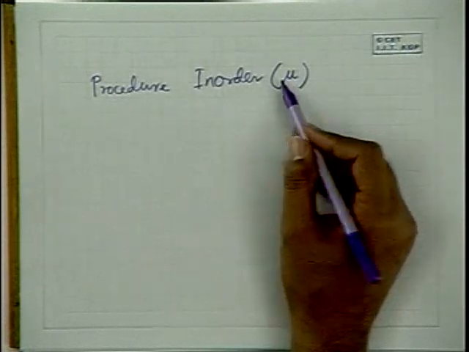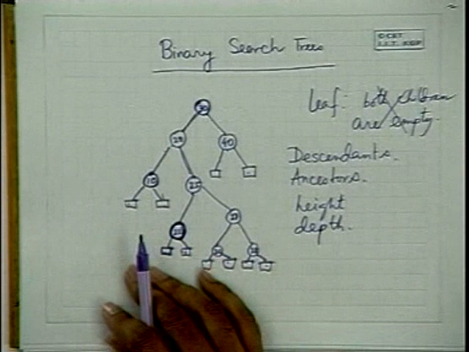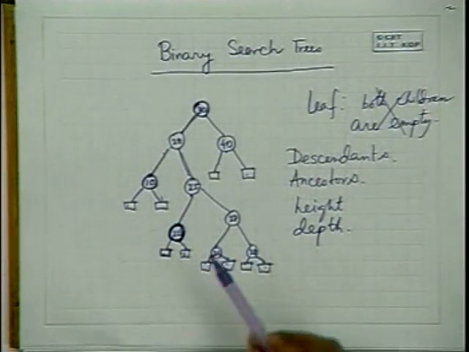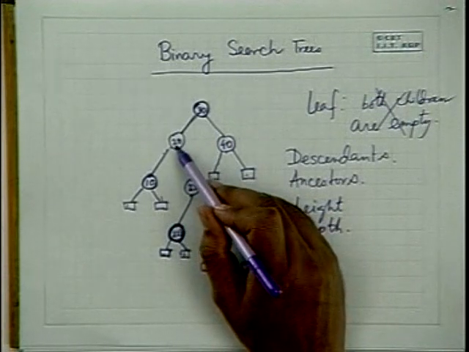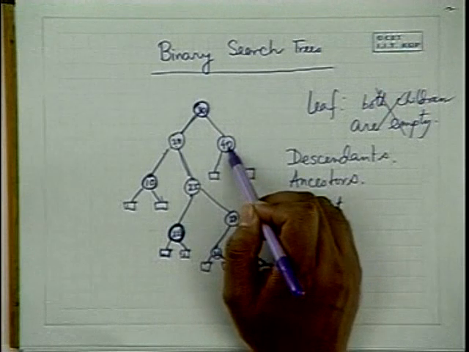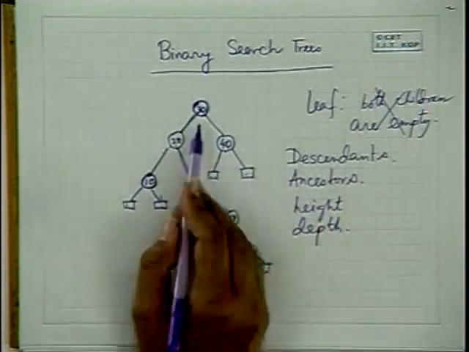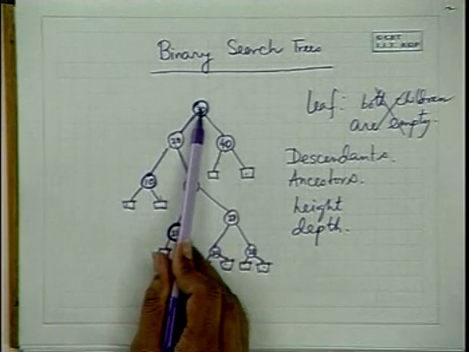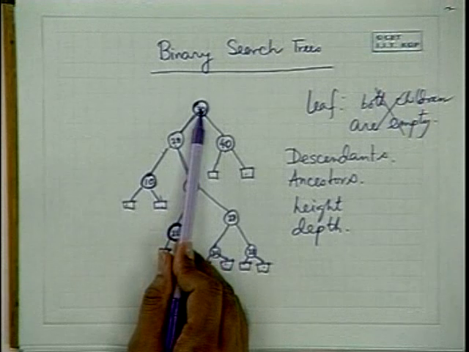So what is the in-order traversal? Let me go back here to the previous example. In-order traversal: while traversing a node, you first traverse its left child, then traverse this node, then traverse its right child, and do it recursively. So if we do this here, 30: when I say traverse, you cannot print that value yet.